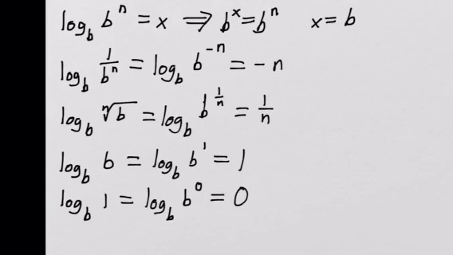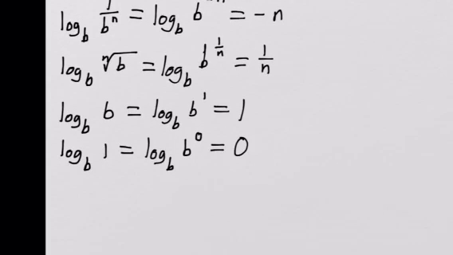So, another important thing to remember with logarithms is that we do have a rule from the exponential function, and it carries through into logarithms, that b has to be a positive number. Well, that gives us a little bit of a hint about the domain of a logarithmic function.